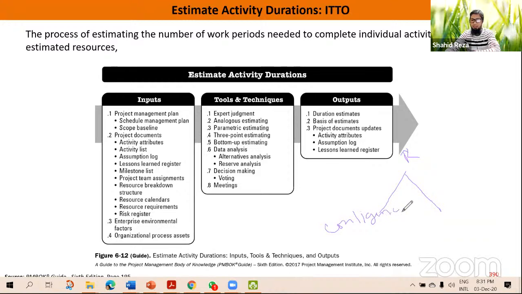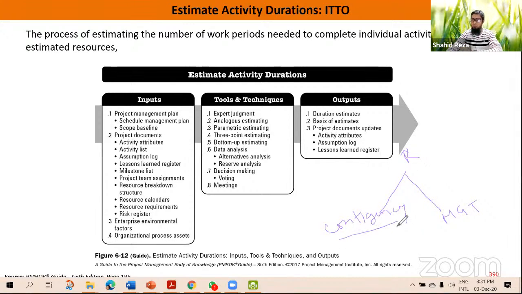One is contingency reserve. In Bangla, we say আপদকালীন reserve. Another one is management reserve. So reserve is divided into two parts: one is contingency reserve, and one is management reserve.